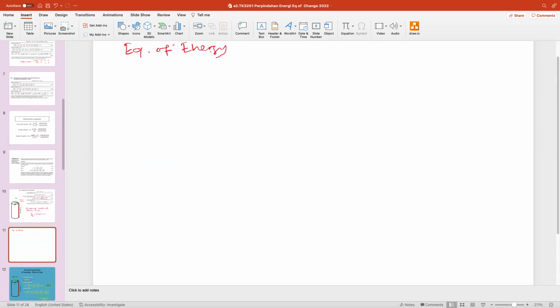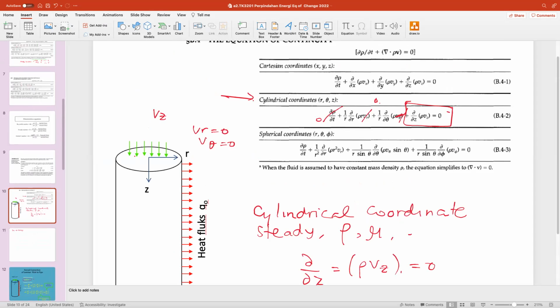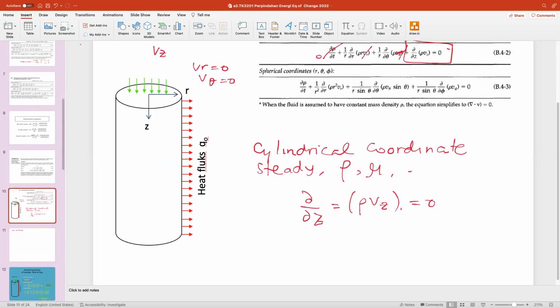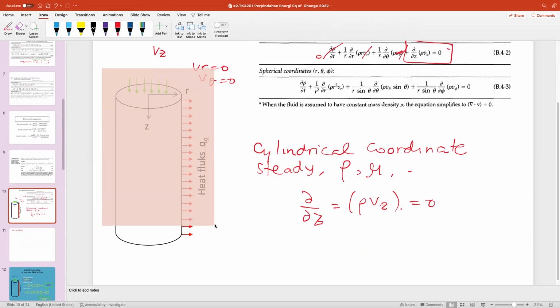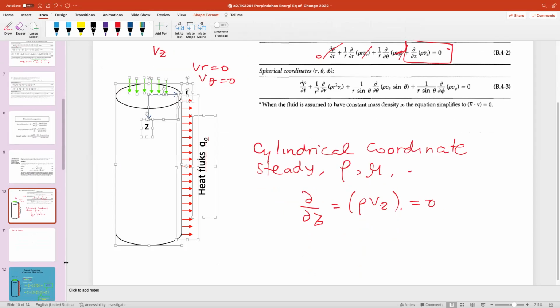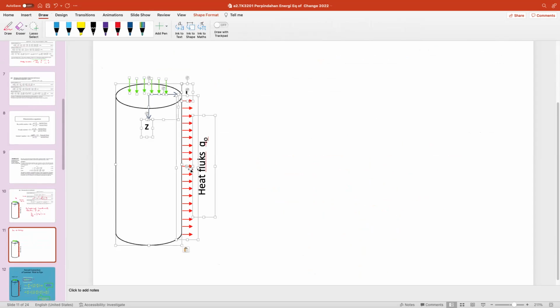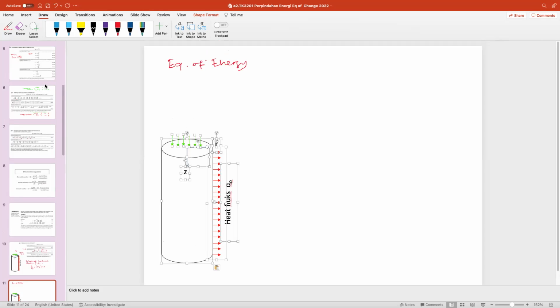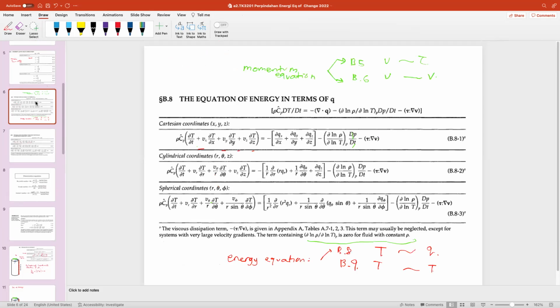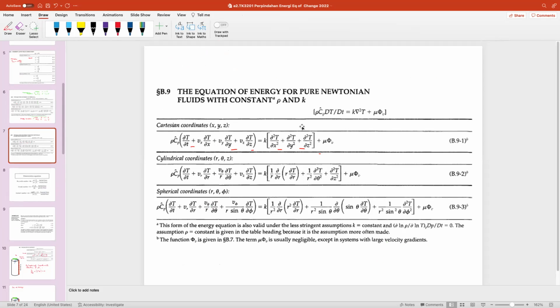Again I would like to copy this one, and now for the equation of energy, again we know that we can use B8 or we can use B9.